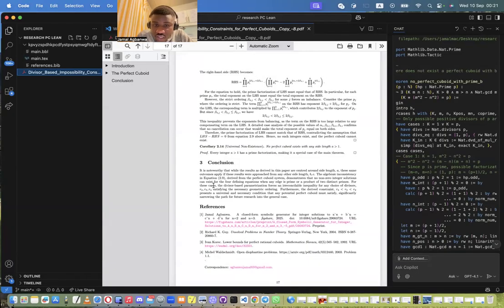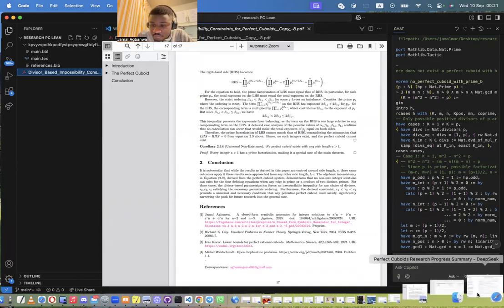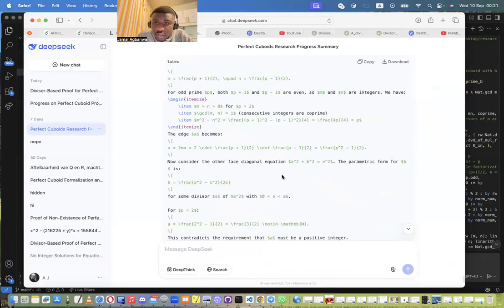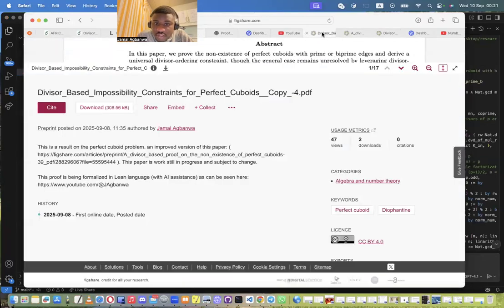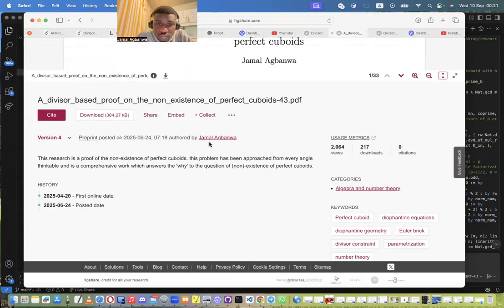When we go to my Figshare, I'll put this same paper on Figshare, which is basically this website here.